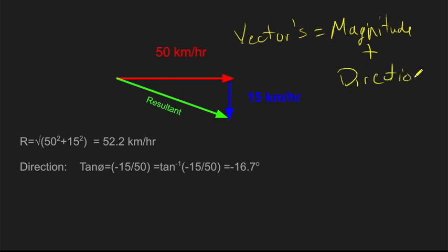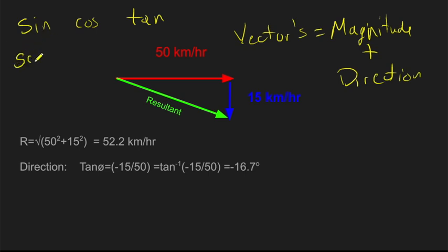So how do I find the direction that this resultant is going? To do that, I'm going to use sine, cosine, or tangent, one of those three. And how you remember those is SOHCAHTOA.